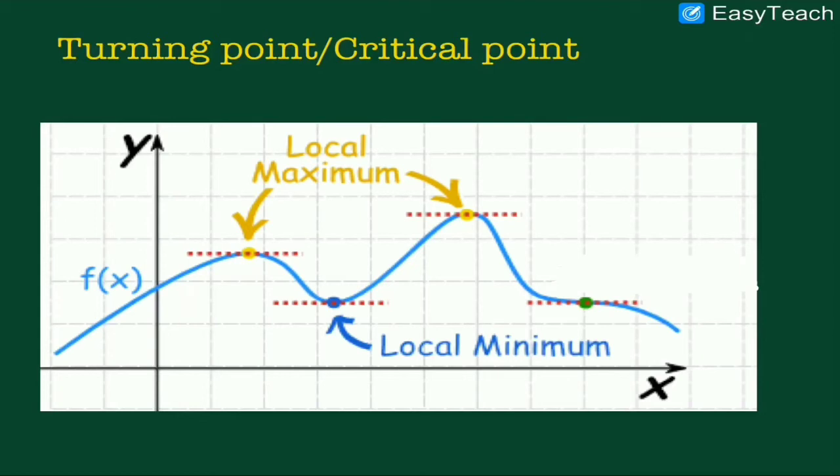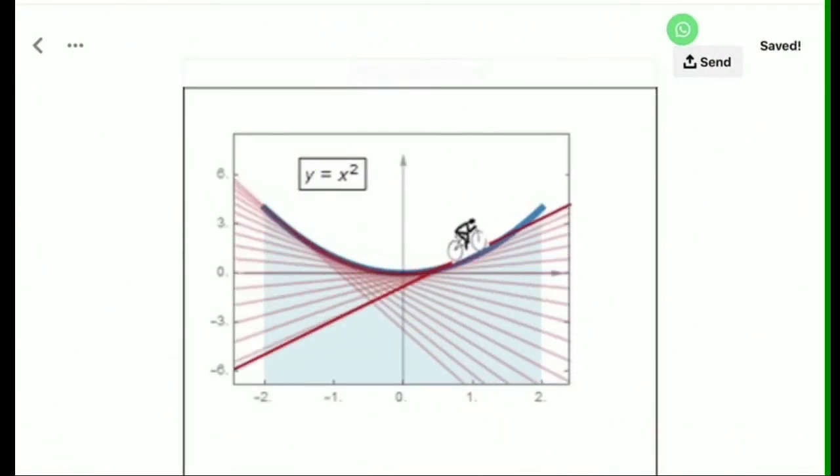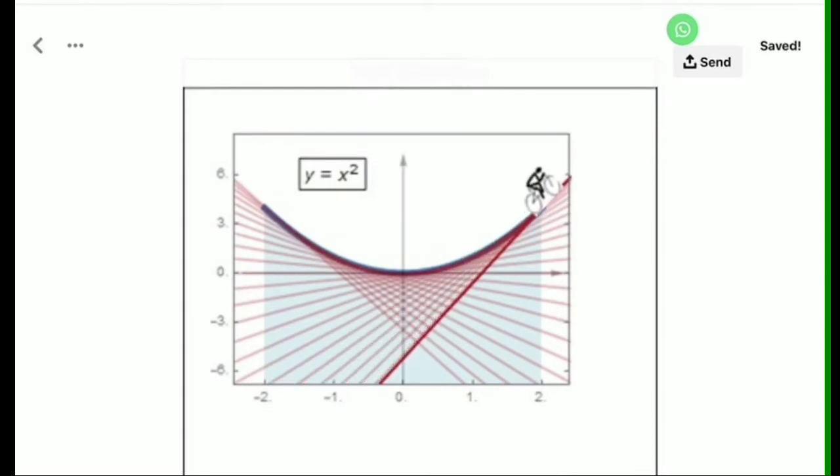At a turning point, the slope of the tangent would be 0. Therefore, the slope at this point, dy by dx, would be 0. Also, the dy by dx at this point would be 0. And here we can see the tangent at the point of minima is parallel to the x-axis.